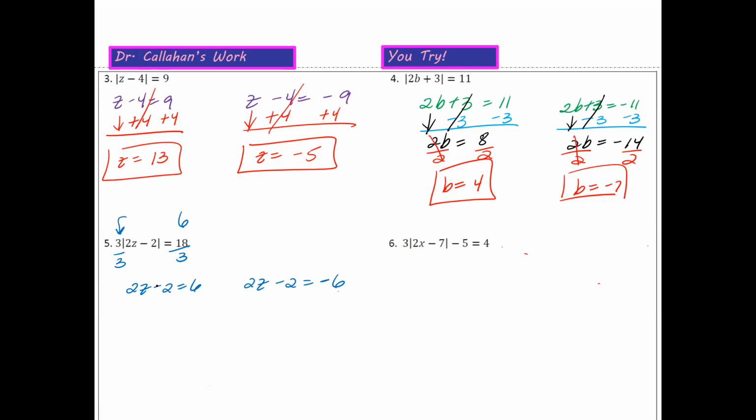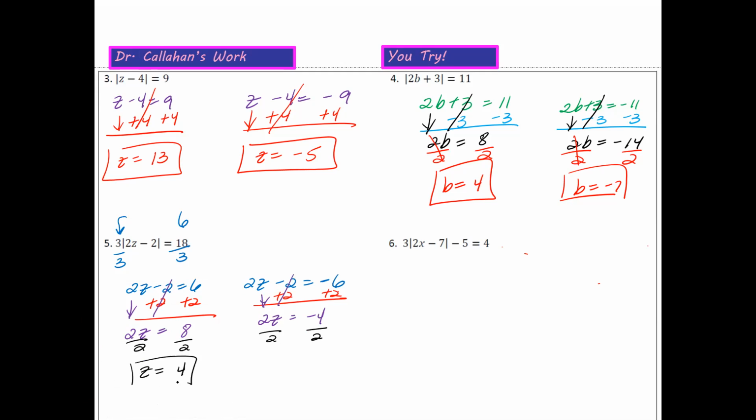After that, you guessed it, add the 2 on both sides because we're trying to balance the equation. Bring down the 2z, 6 plus 2 is an 8. Bring down the 2z, negative 6 plus 2 is a negative 4. Divided by the 2 on both sides, z equals 4, z equals negative 2.